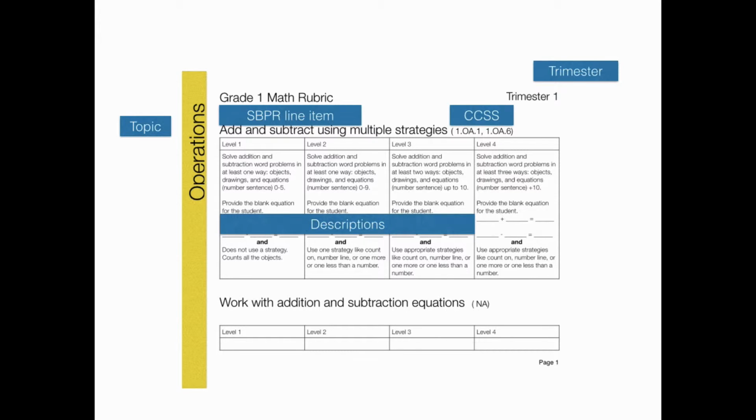There will be a description of all of the learning at the different levels and how those are different from each other. And finally, in level 4, the description is usually beyond a level 3, or it can be a description of the learning at the next grade level.